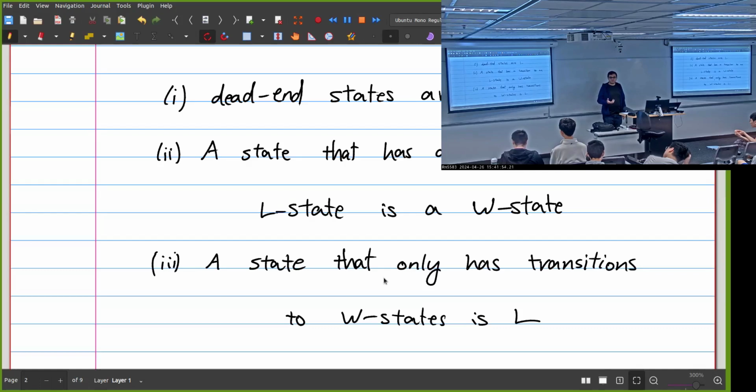If I come up with such a condition, the way that I can prove that this actually gives me the winning states is by showing that none of the dead-end states satisfy my condition, and every state that satisfies my condition has a transition to a state that doesn't satisfy my condition, and every state that doesn't satisfy my condition has transitions only to states that do satisfy my condition. If I prove these three things, I have proven that my condition is basically the winning condition of the game.